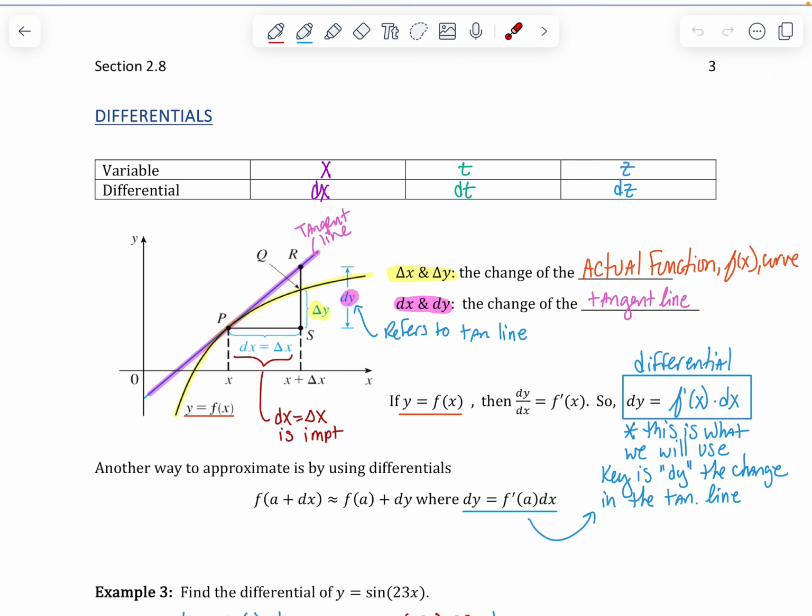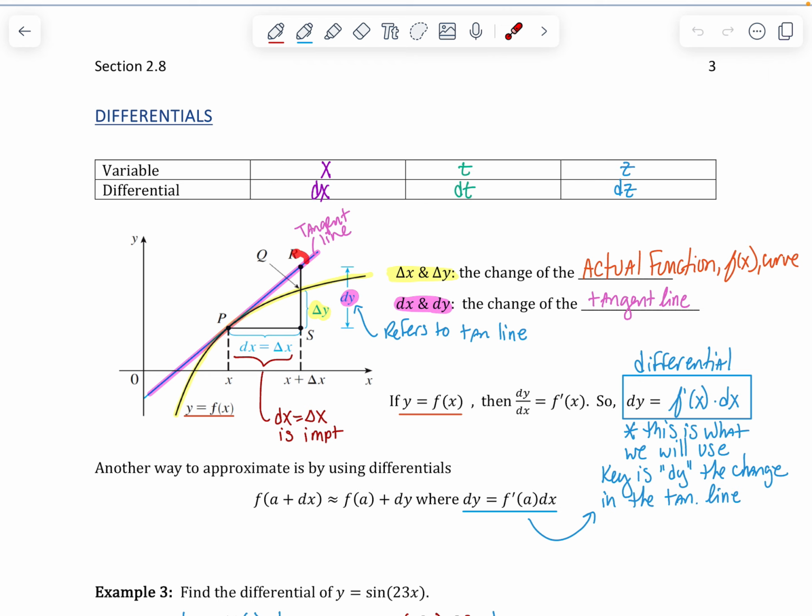If delta y is the change for the actual function, then my point x on the curve has a height of whatever this is. And when I come over to 5, or delta x further to the right, on my curve I've got this. So from one height to the other, I've got this distance from the actual curve of delta y. It's not telling me what the output is at point Q. It's just saying if you compare the height of Q and the height of P, this difference is delta y, on the actual curve.